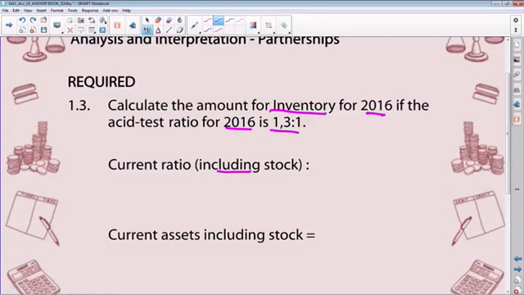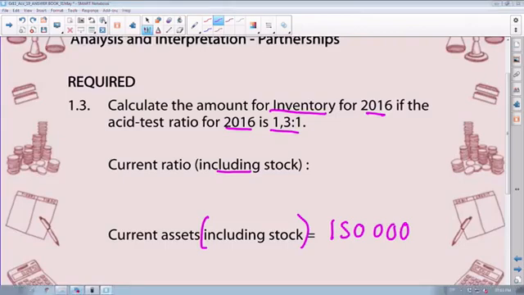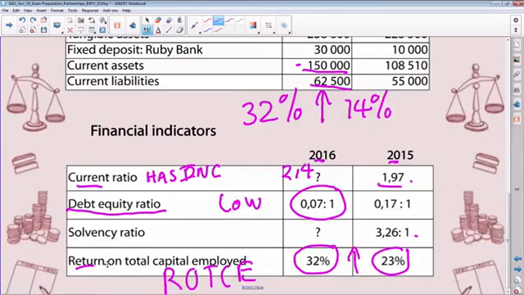So in terms of our current assets, and remember, this obviously includes stock, the figure for our current assets was 150,000. Now remember, guys, this is coming from your information sheet. So let's just quickly go there so you guys know exactly what I'm talking about. Current assets, 150,000.